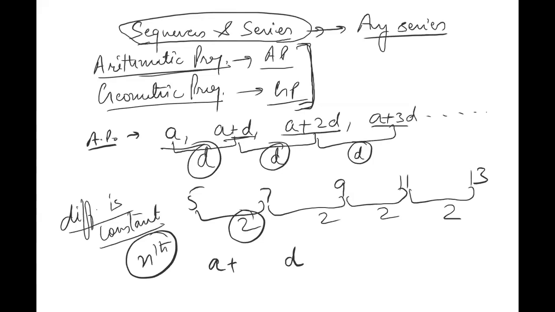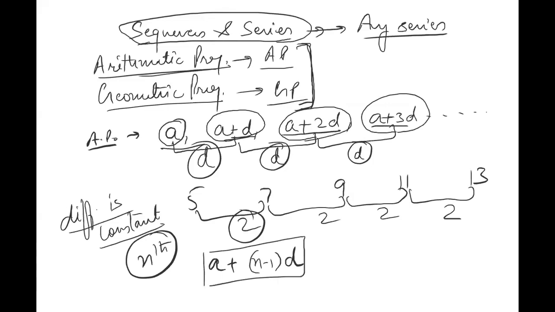For example, first term 0D, second term 1D, third term 2D, fourth term 3D. So the nth term would be n minus 1 D. That's how we get the nth term. Is that okay? Any point, just let me know.